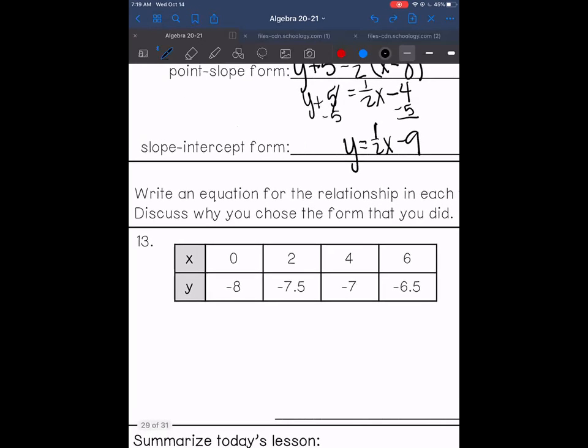So to find my slope, remember it's the change of y over the change of x, which this is plus 0.5. This is plus 2. So 2 over 0.5, 2 divided by a half, is really saying 2 times 2. So that would be 4.